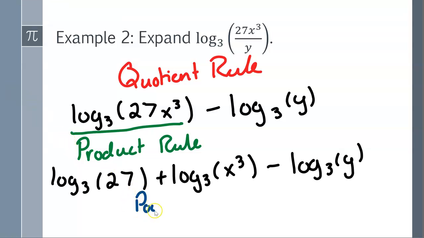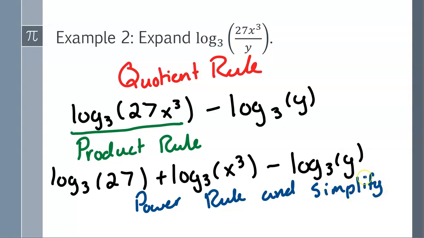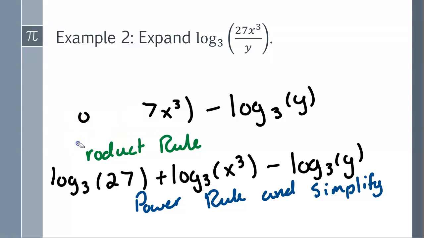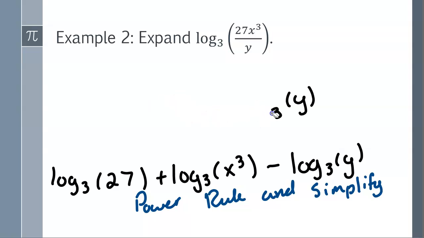So, power rule and simplify. So what we'll get is going to be, let's get rid of all this first. Alright.